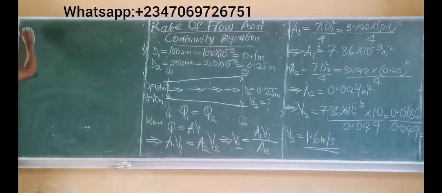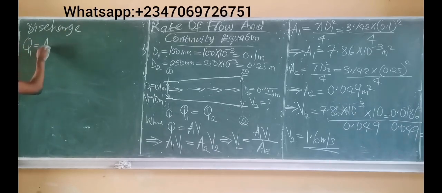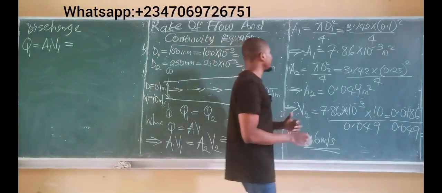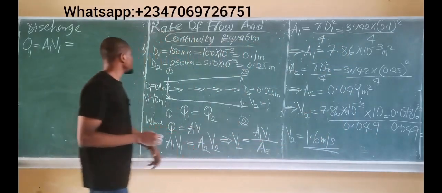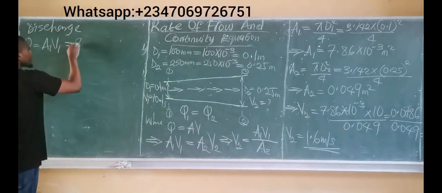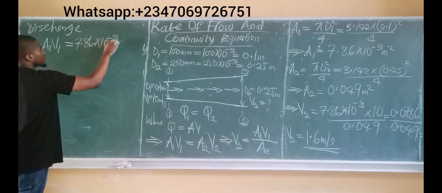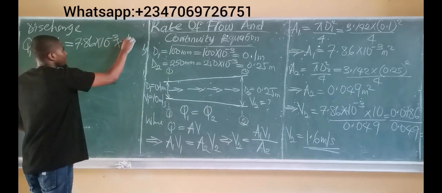Okay, so we can do that here. For discharge, you can use Q1 is equal to A1 V1. So that is equal to, we obtained A1 earlier here as 7.86 by 10 to the power of negative 3 multiplied by the speed in section 1, which is 10.